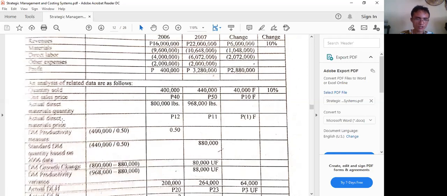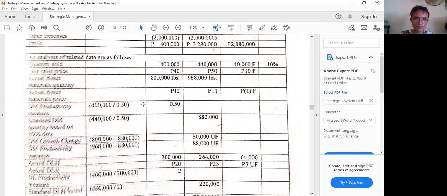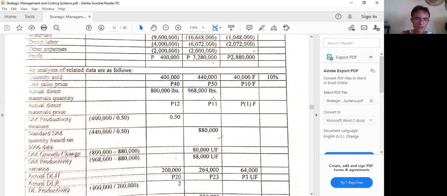Then we have the actual direct materials quantity. So changed also, price changed. So let's compute now. How is this DM productivity of, it's not clear, but that could be what? Or this could be what?